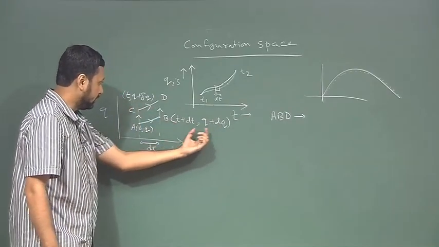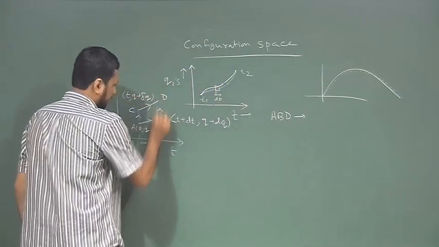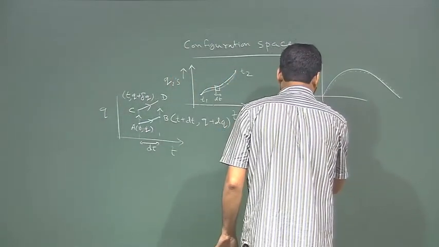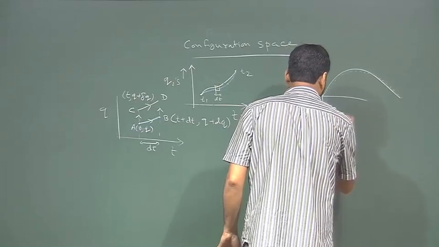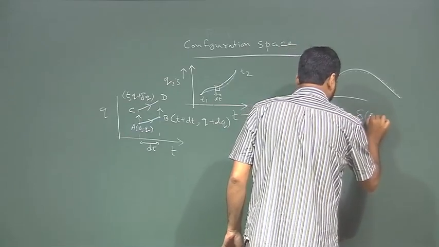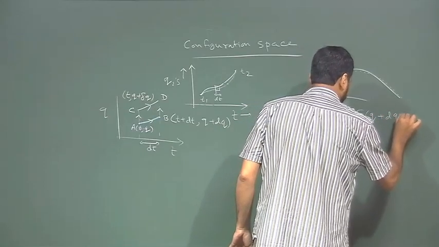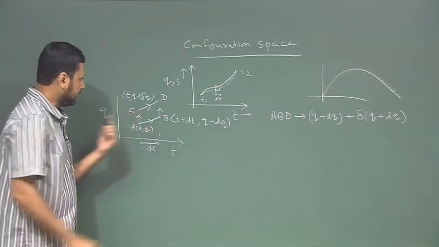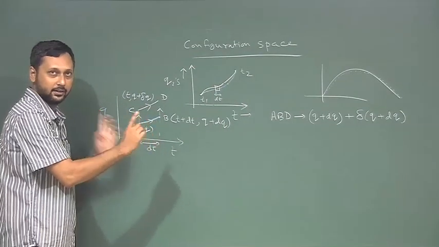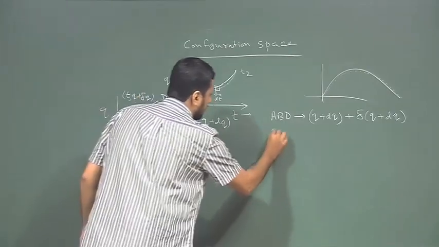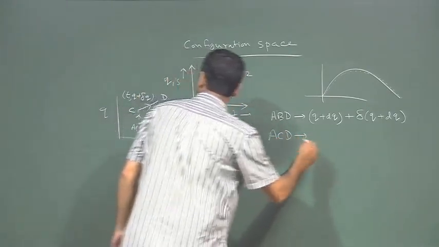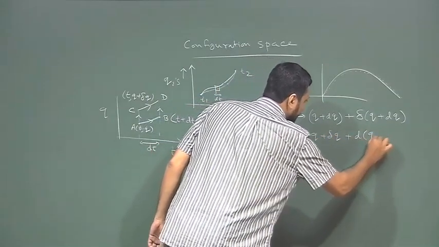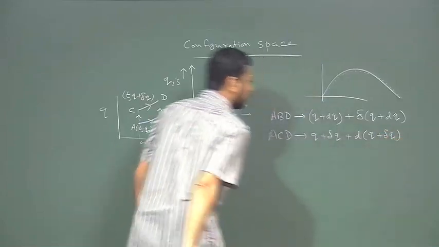For ABD, the q coordinate will be q plus dq plus delta of q plus dq. Similarly, if I take A, C, D, C to D is a real displacement in time, so it will be q plus delta q plus d of q plus delta q.